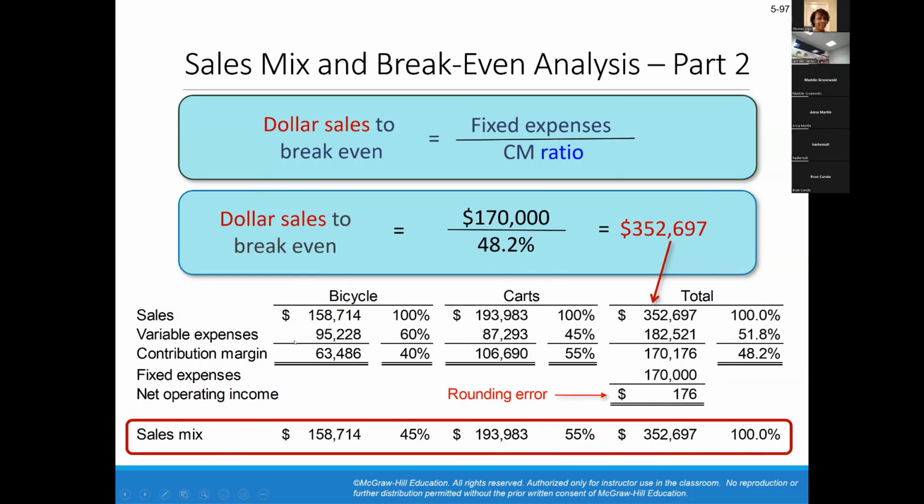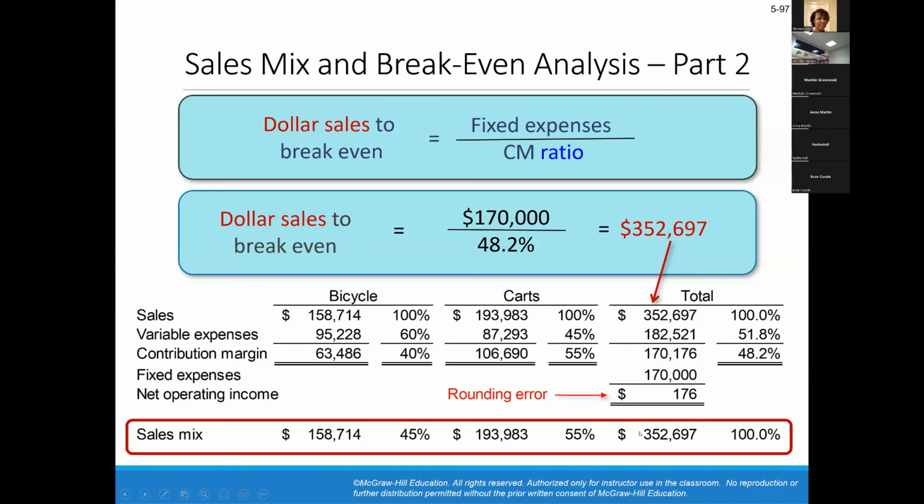So we take the fixed expense of 170,000 divided by the contribution margin ratio of 48.2%, and we get 352,697 as our sales. Now if we want to break that out, remember it's 45%, 55%, how it's broken out in the sales mix.